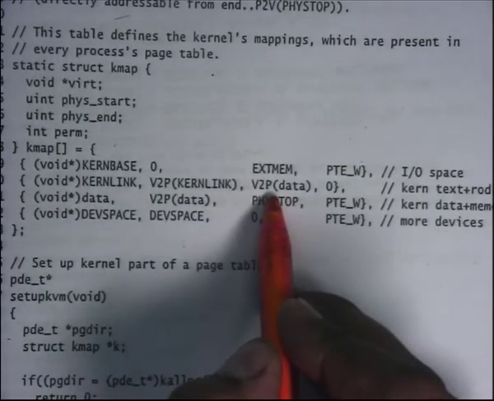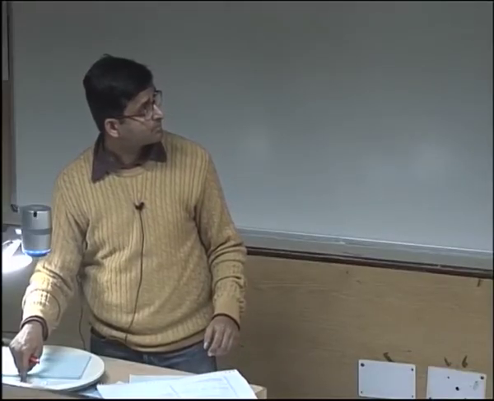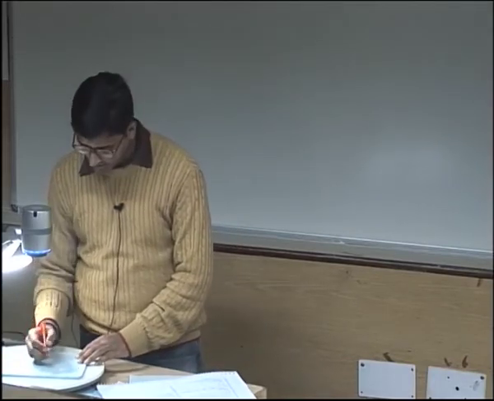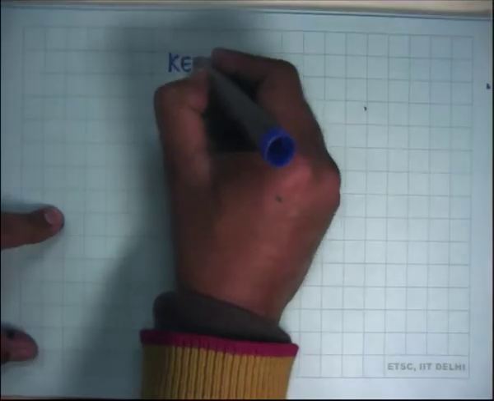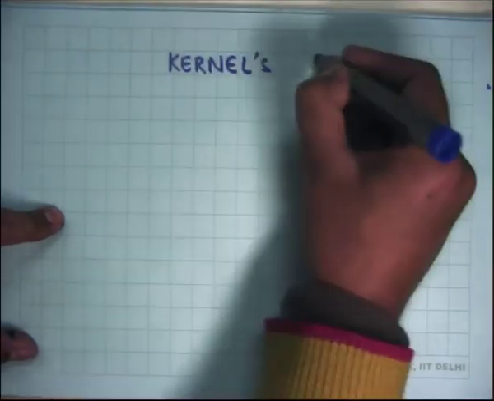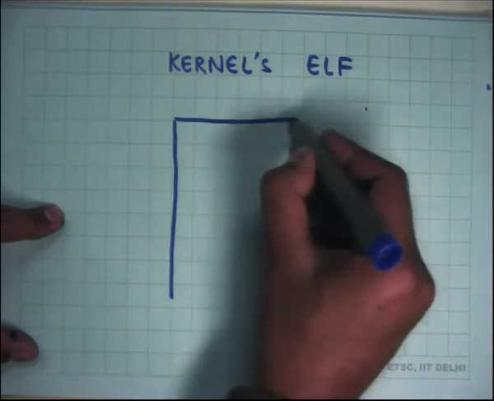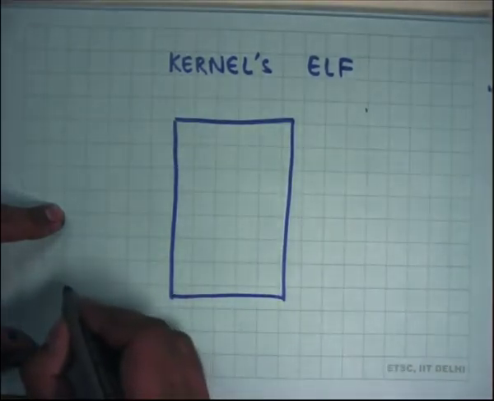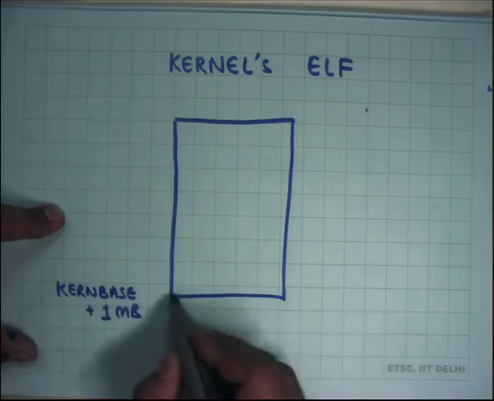The endpoint of this particular segment will be determined by where the data starts. So the kernel's ELF has been organized in such a way that this is kern base plus 1 MB, that's the start address.